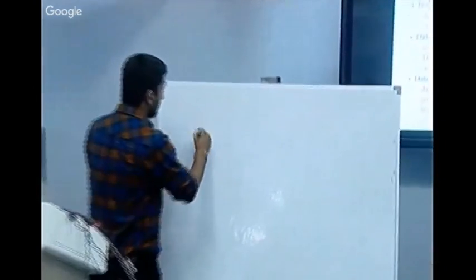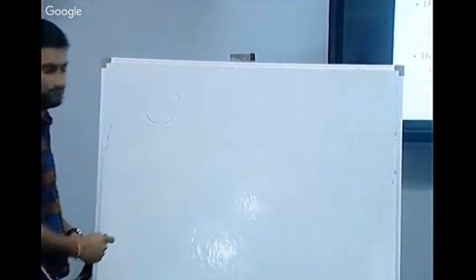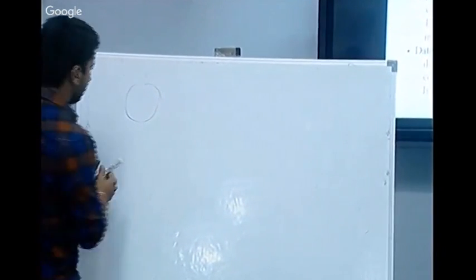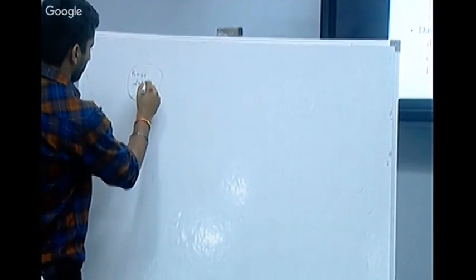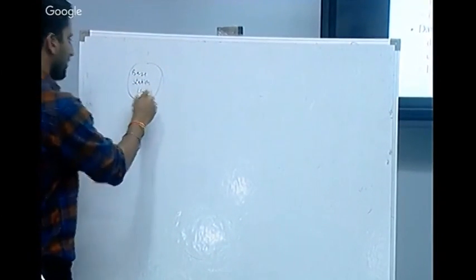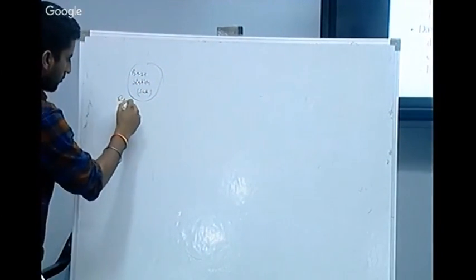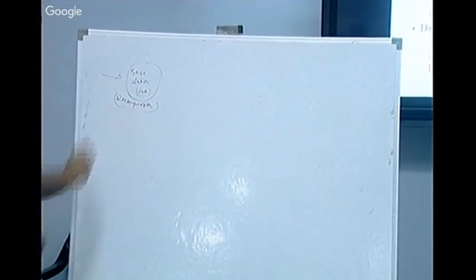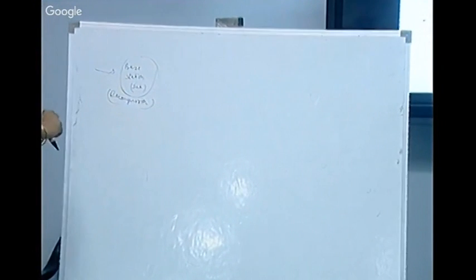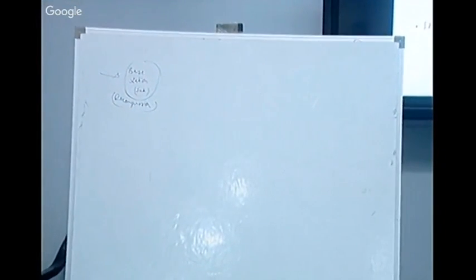Let's say this is my base station, or let's say this is the sink. Here the decompression is going to occur, and I'm going to get the original information. My user is sitting here, and he is going to get the original information.